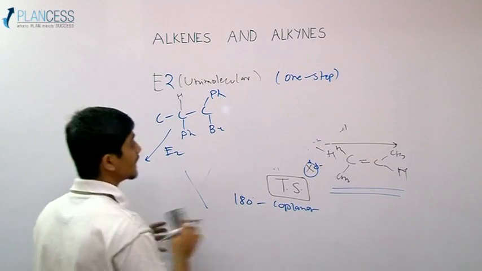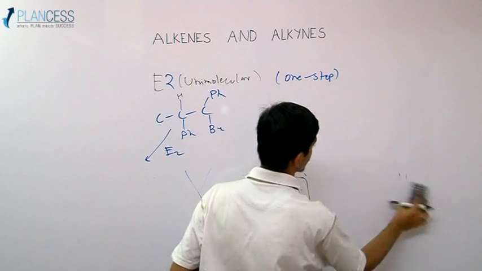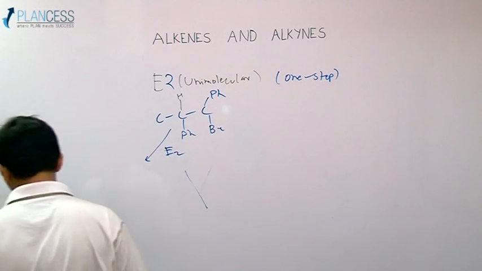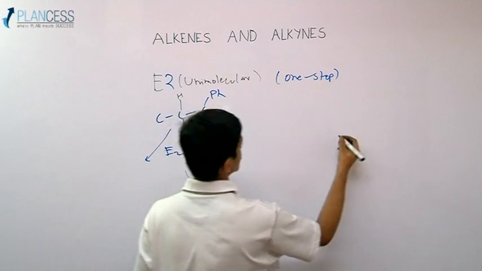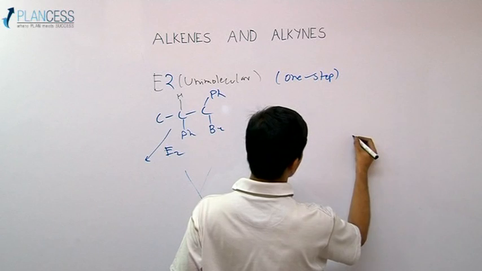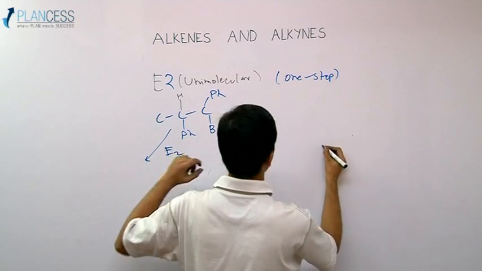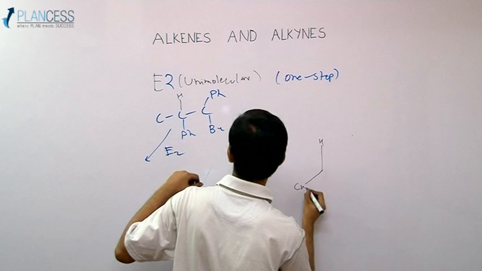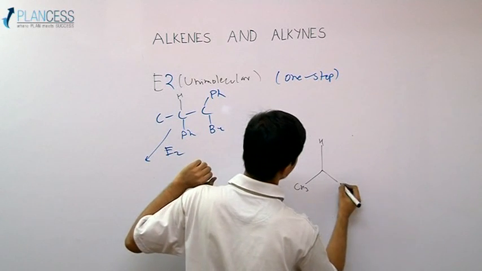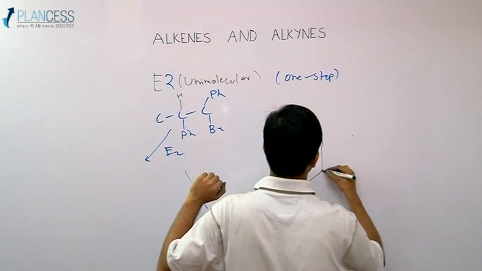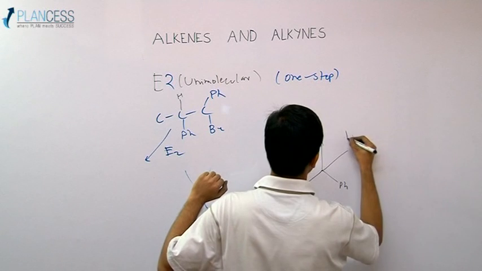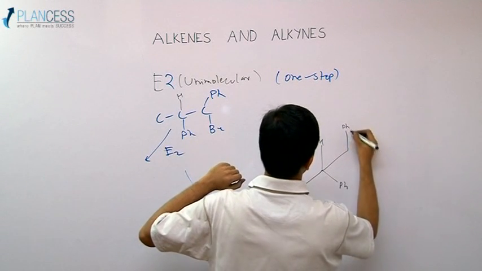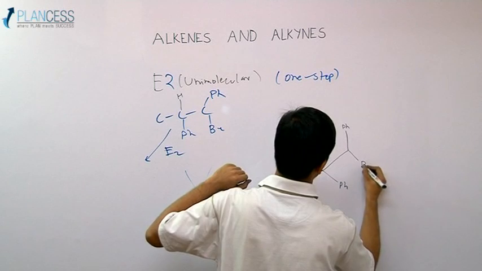So for ensuring that, we need to draw the 3D projection of this and then we can ensure. And for simplicity, we will take the Sawhorse projection. So this is one carbon, the first carbon, which contains the hydrogen, the CH3 and the Ph, connected to this carbon which contains a Ph and a bromine.